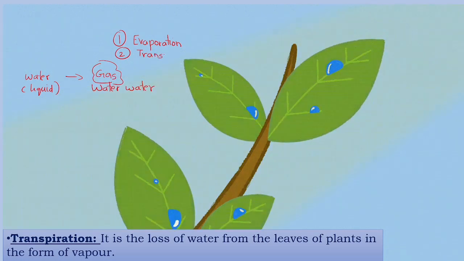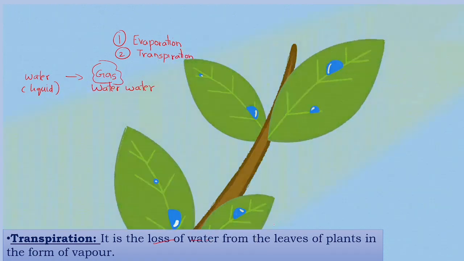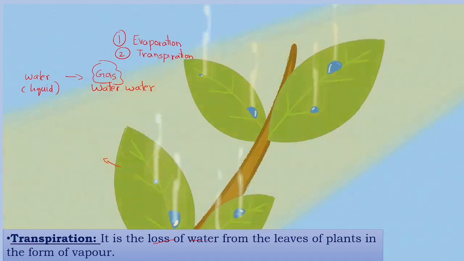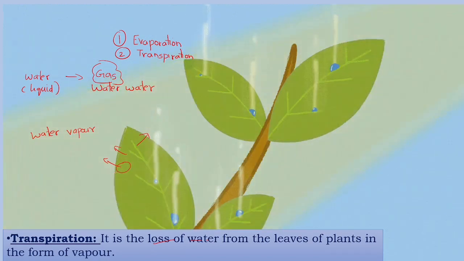What do you mean by transpiration? Transpiration is loss of water from leaves of plant in form of water vapor. So leaves give out water into the atmosphere in form of water vapor. How do the leaves of plant help in transpiration? On the underside of the leaf, there are tiny holes.